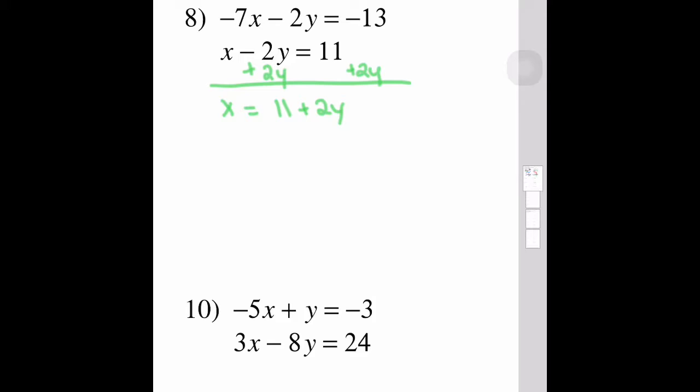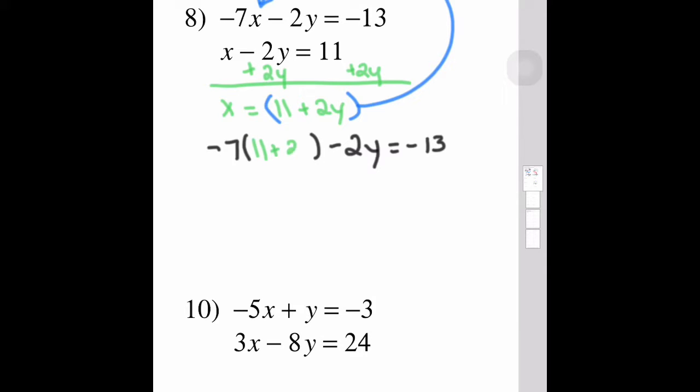Now I'm going to plug it into that x right there. So then I'll have negative 7 times my x minus 2y equals negative 13. And my x is 11 plus 2y.